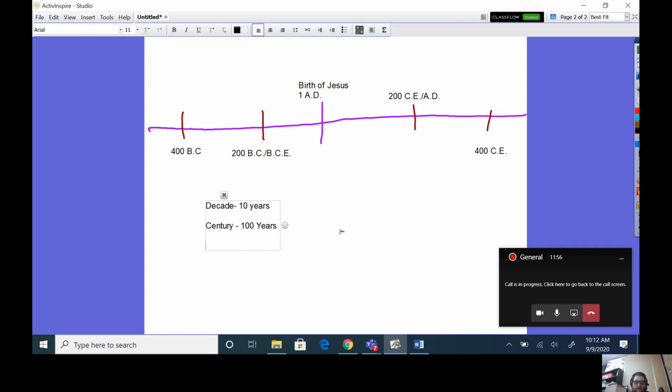So if we're talking about a time period that lasted exactly 10 years, or something that happened exactly 10 years after something else, then we could use the word decade. If you're talking about 100 years, you can use century. If you're talking about a millennium, that is 1,000 years.